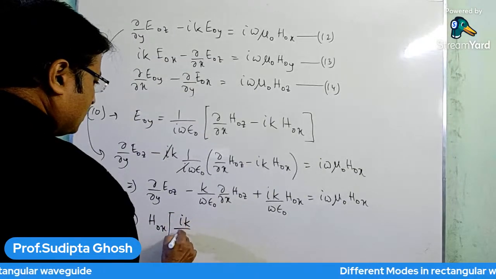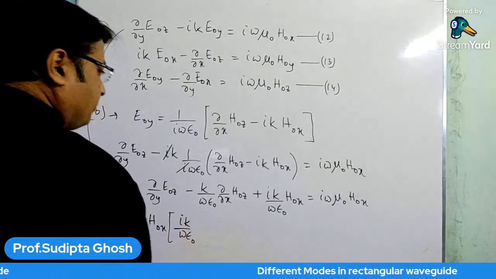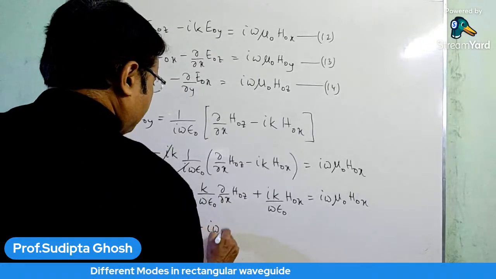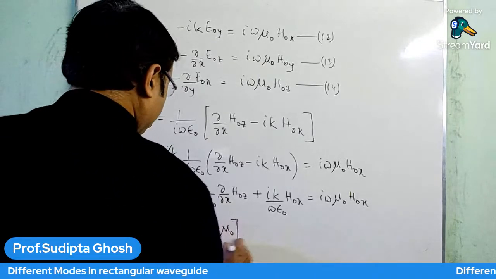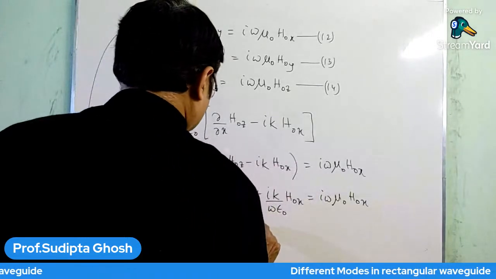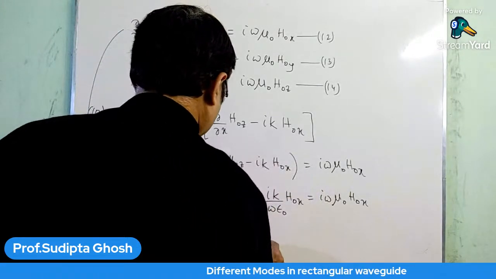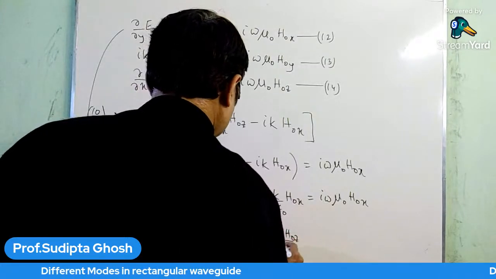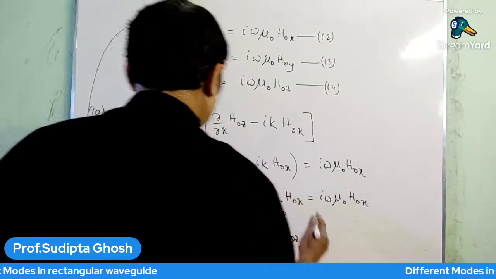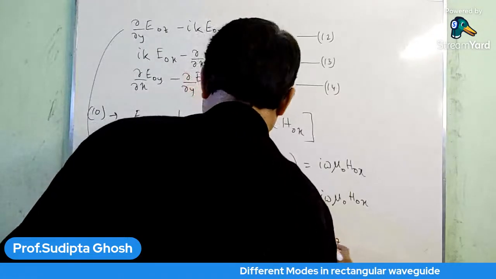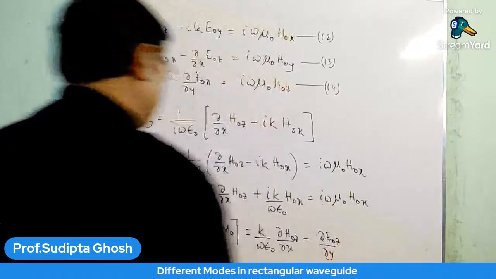We have IK by omega epsilon 0 minus i omega mu 0, and then putting K by omega epsilon 0 del HOZ del x, and then minus del EOZ del y.